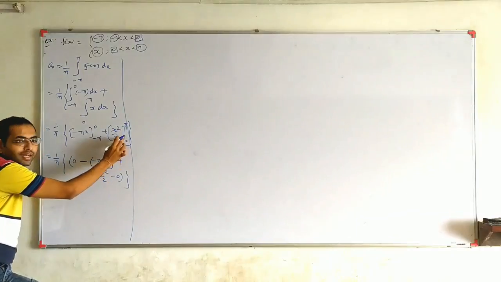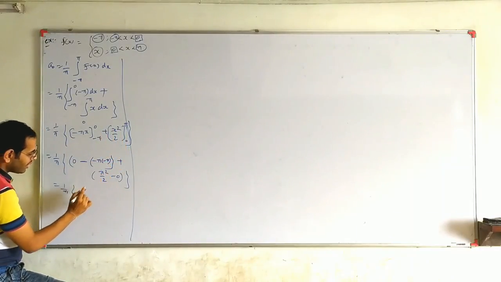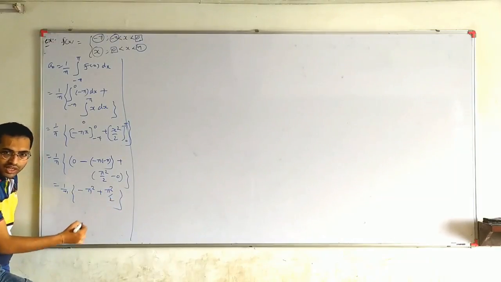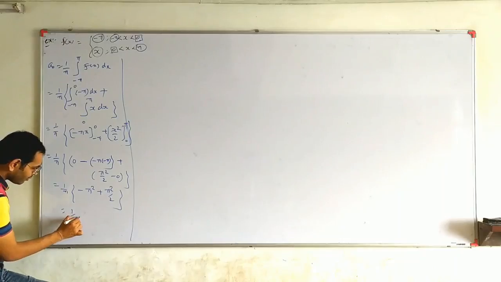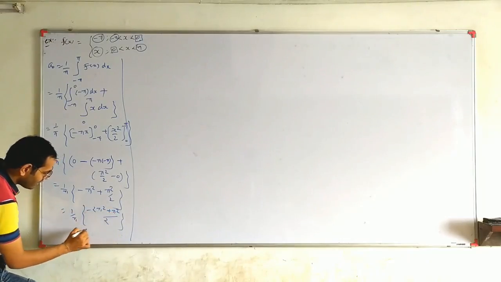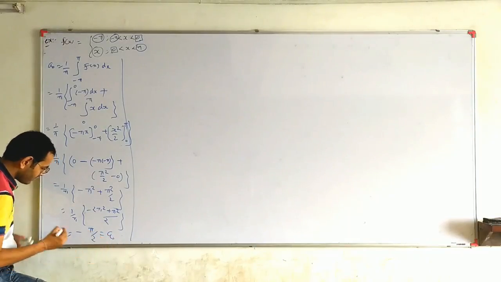This is upper limit minus lower limit: 1 upon pi, minus minus becomes plus, again minus, so minus pi square plus pi square by 2. Taking LCM, 1 upon pi into minus 2 pi square plus pi square by 2, we get minus pi by 2, which is the value of a0.